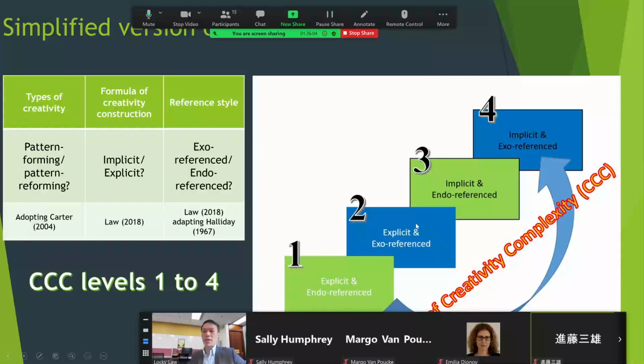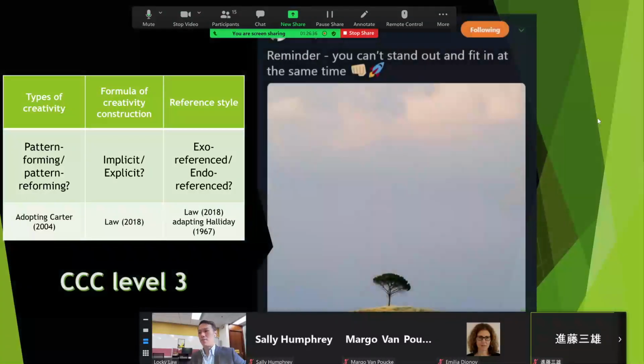Followed by the next level that gets slightly more difficult, when it's still explicit how the creativity is constructed, but it's exo-reference, so references that are new and not explicitly given to the target. Then we go up to implicit and endo-reference, and implicit and exo-reference. Implicit and exo-reference are the most difficult because you don't know how the creativity is created, and you don't get any information given to you as you analyze a certain image.